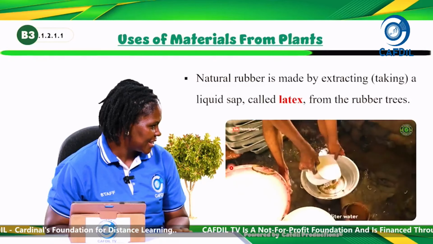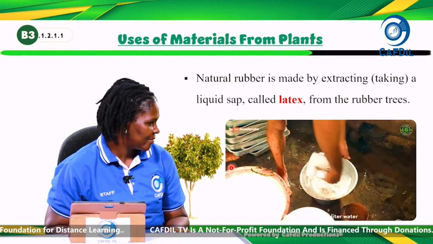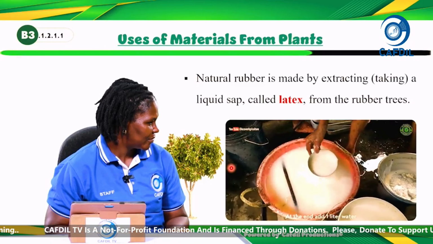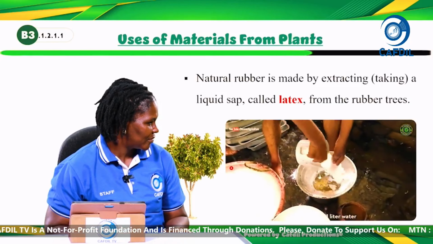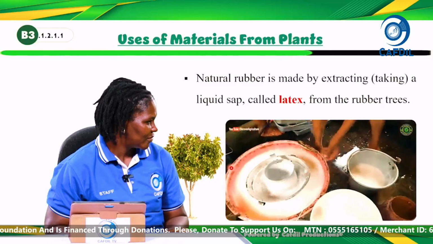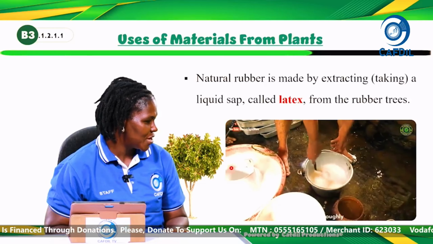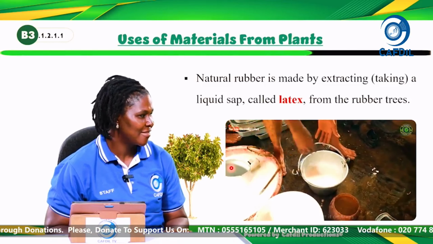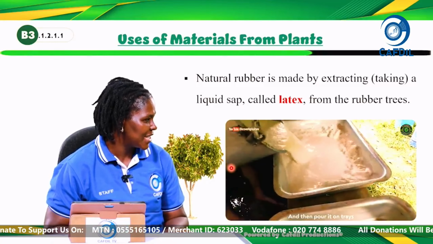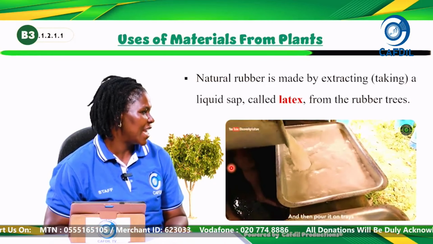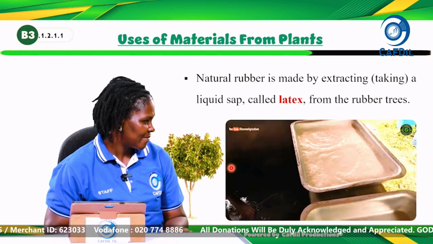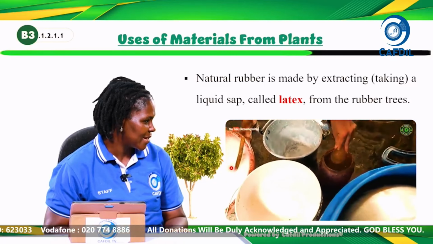So let's look at it. So we get the rubber from plants. So this is natural rubber. It's made by extracting, that's it, taking a liquid sap called latex from the rubber tree. So let's look at how they get the rubber.